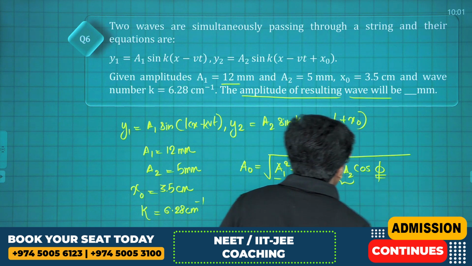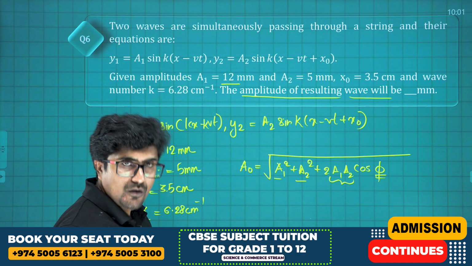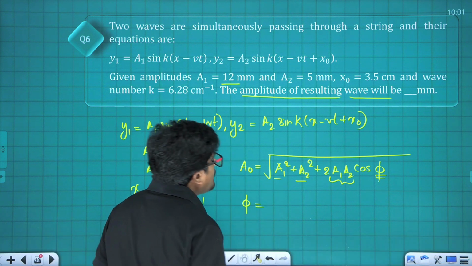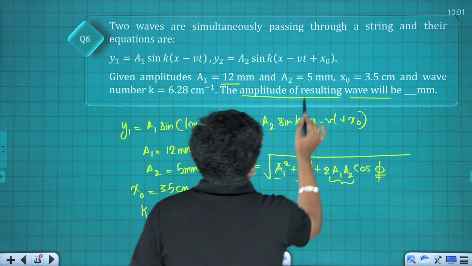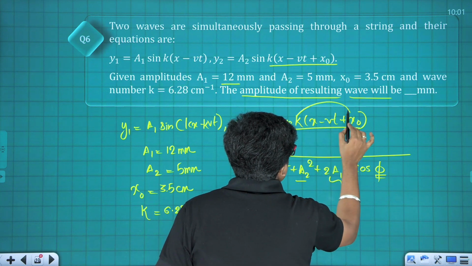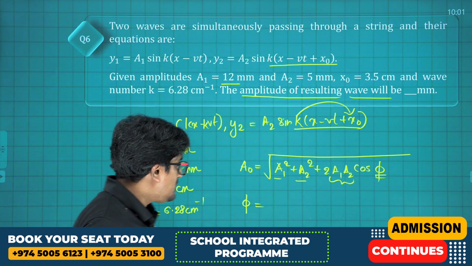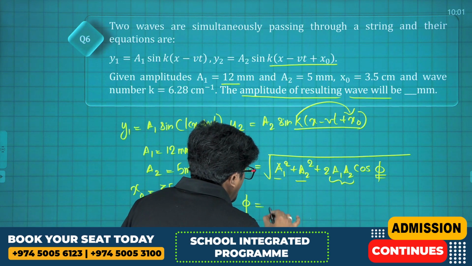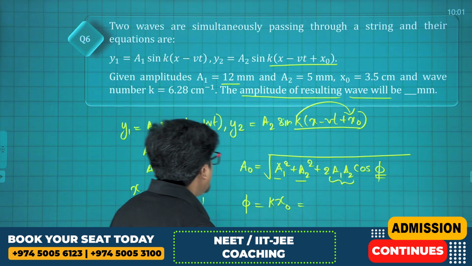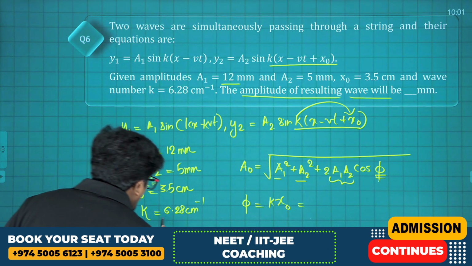Problem is with the value of phi. Now what needs to be the value of phi here? See, have a look at this particular expression. If this k goes in, the value of phi needs to be k into x naught.